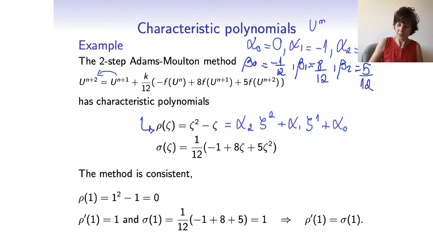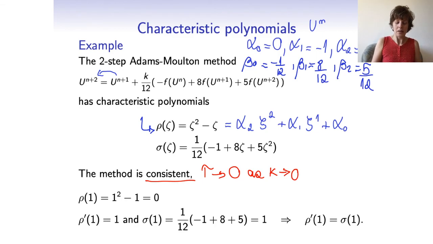So looking at the conditions that we have seen before, for the method to be consistent, remember, consistent means that the local truncation error goes to 0 as k goes to 0, okay? We are going to see soon why it's important for the method to be consistent, so we are going to talk about this later.